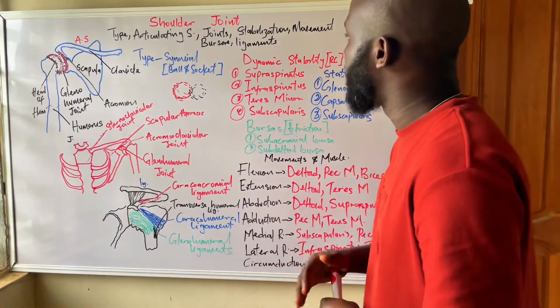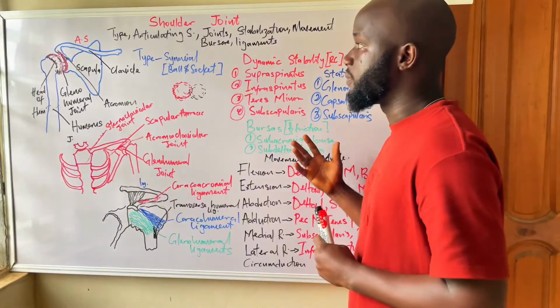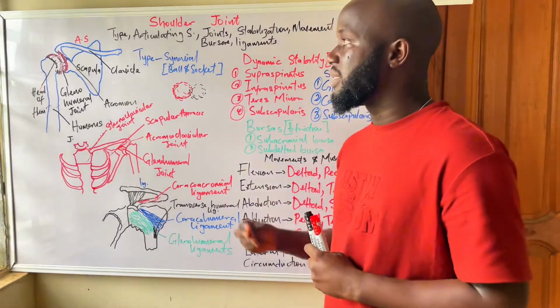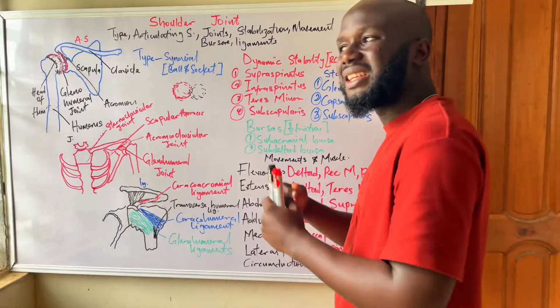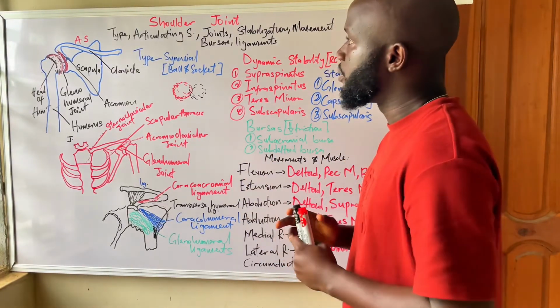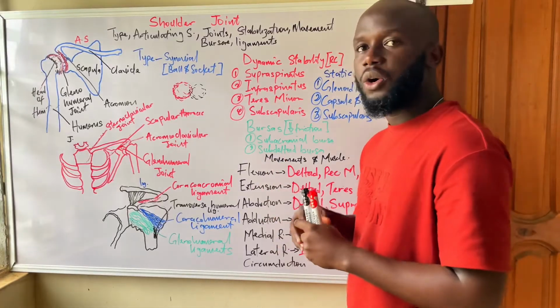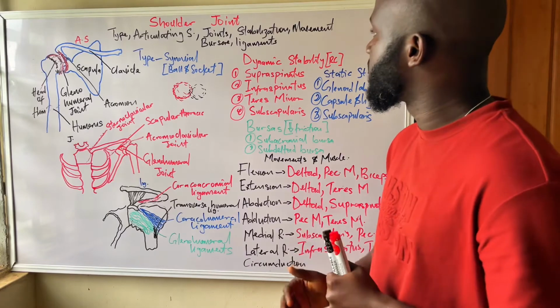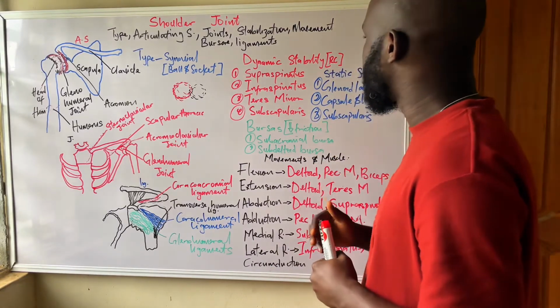Still discussing stability of the shoulder joint, because we already established that the head of humerus is way larger than the glenoid fossa. That means it does not entirely fit in. So the body has a way of ensuring stability of these joints. We are going to be considering the dynamic stability and also the static stability.